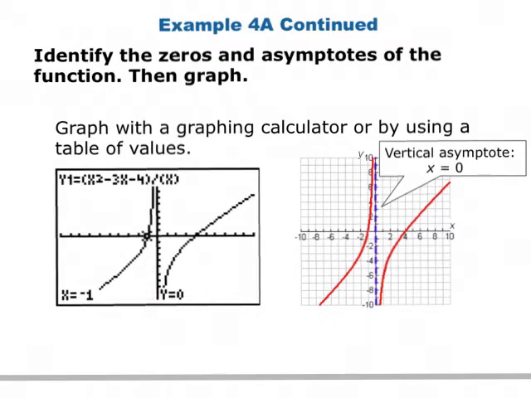So what you need to do on your graph is draw a dotted line at x equals 0, and then label it as well so you can see your asymptote. Also, I want you to put a dot showing the 2 x-intercepts, and then label them at 4 and negative 1.